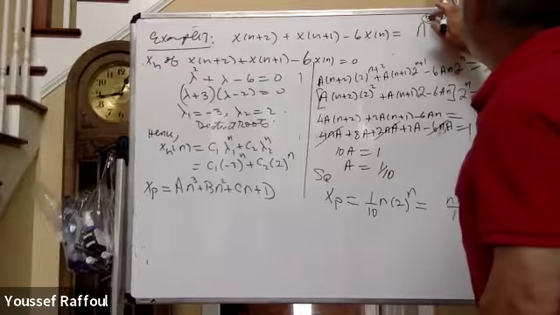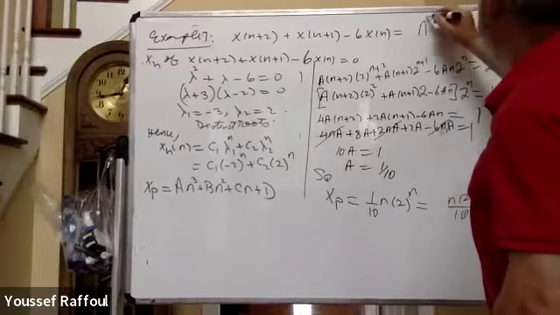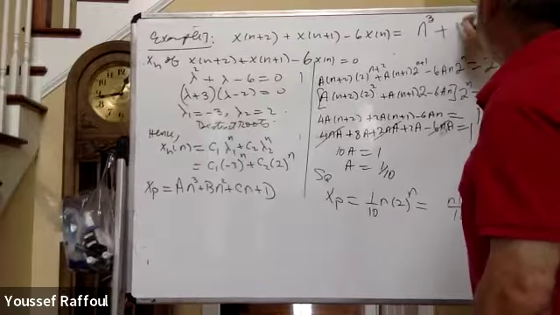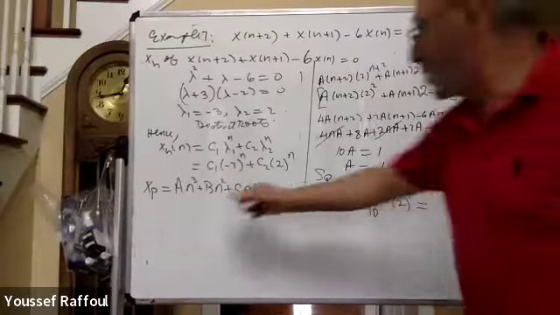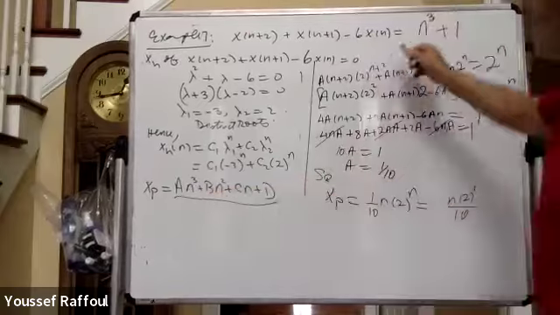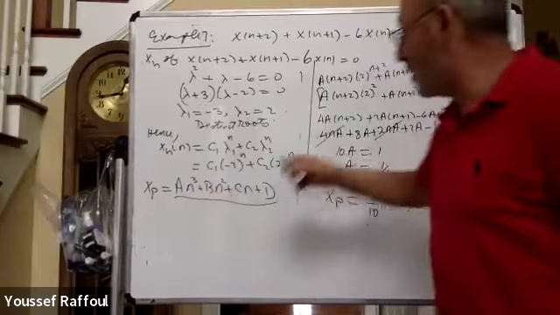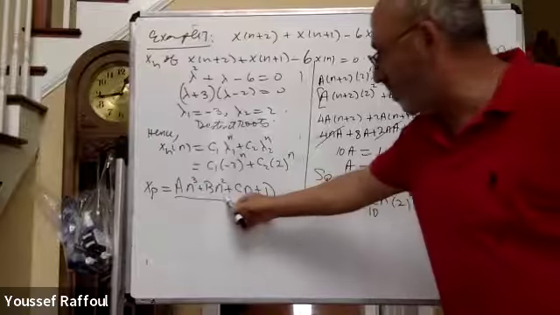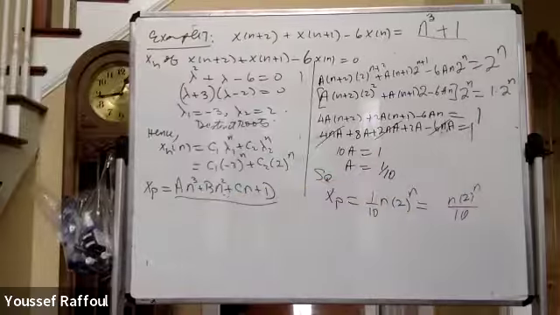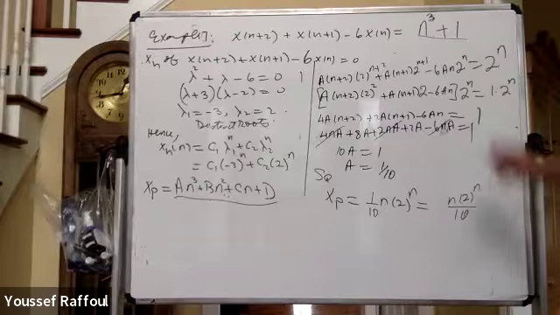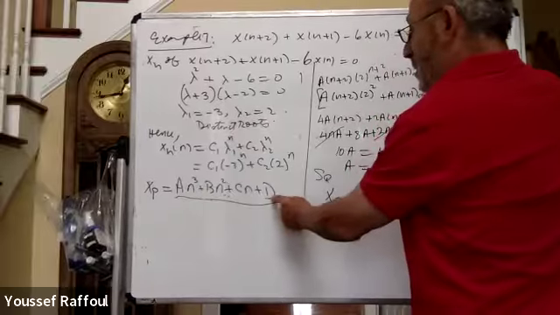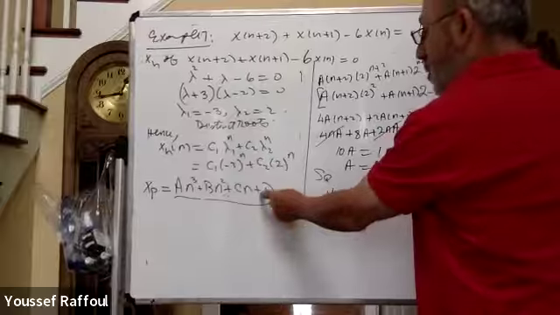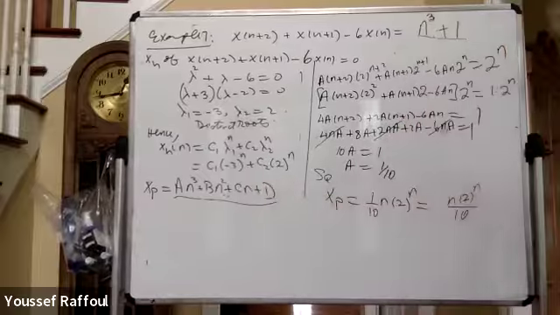What if I have n cubed plus 1? Well, that's okay. This will be fine too, because if you do n cubed this and then plus c1 and then plus c2, c1 plus c2 is d.